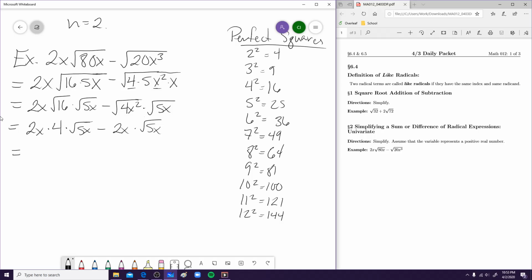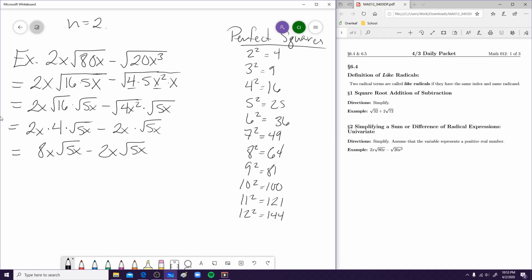Before we subtract these, we have to do this. 2x times 4 is 8x. And then 5x minus 2x, square root of 5x. In this case, this is a little different because before we just had numbers.